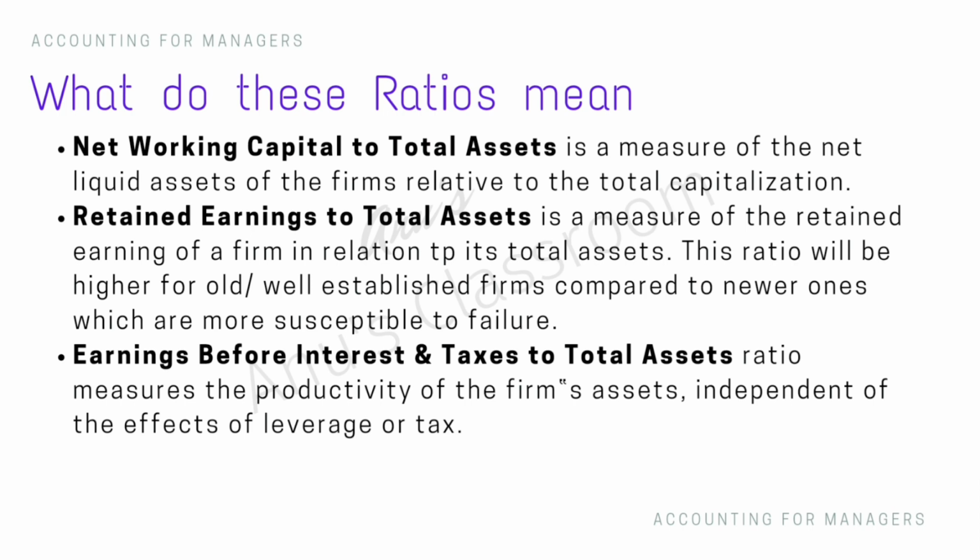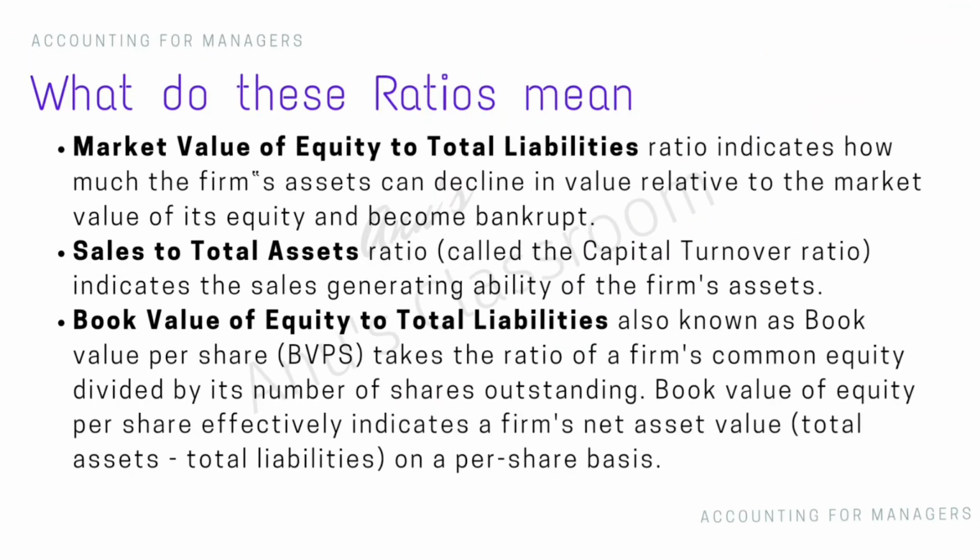This ratio will be higher for old or well-established firms compared to the newer ones, and similarly, newer companies are more susceptible to failure than old ones which are well established. Earnings before interest and tax to total assets measures the productivity of the firm's assets, independent of the effects of leverage or tax. Leverage is nothing but interest.